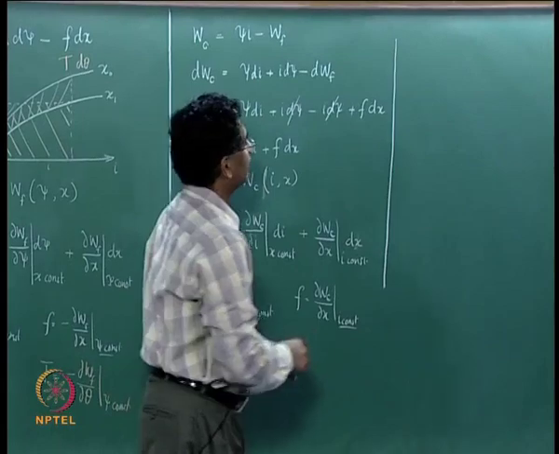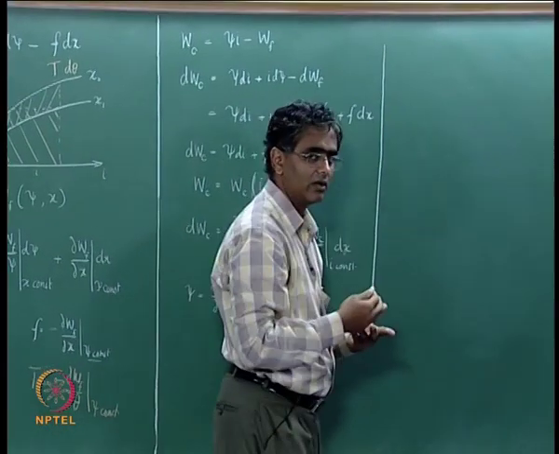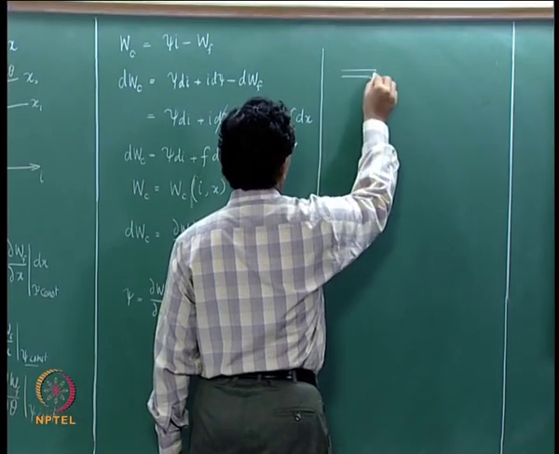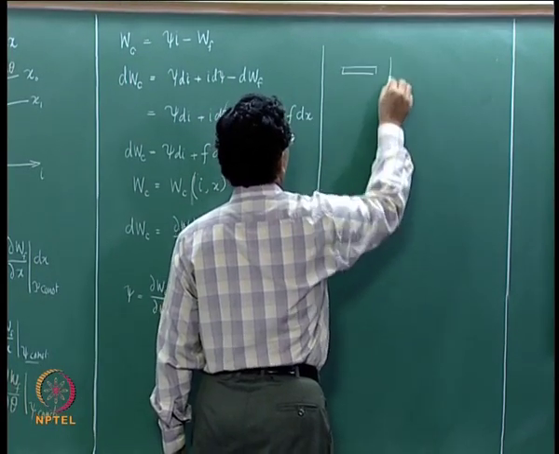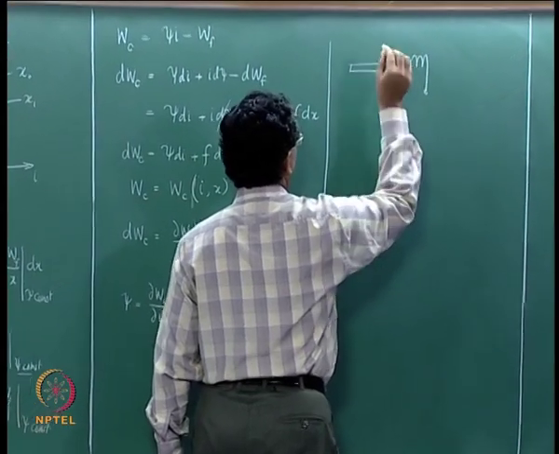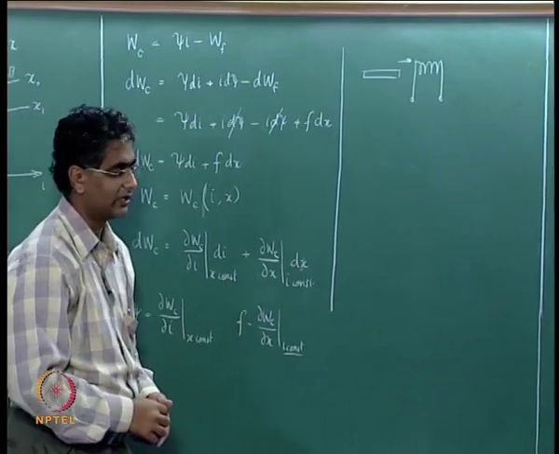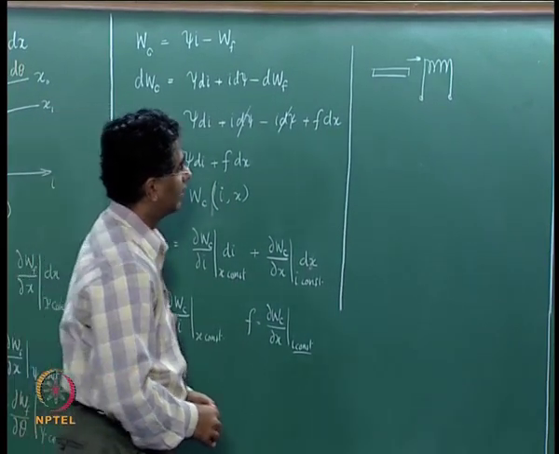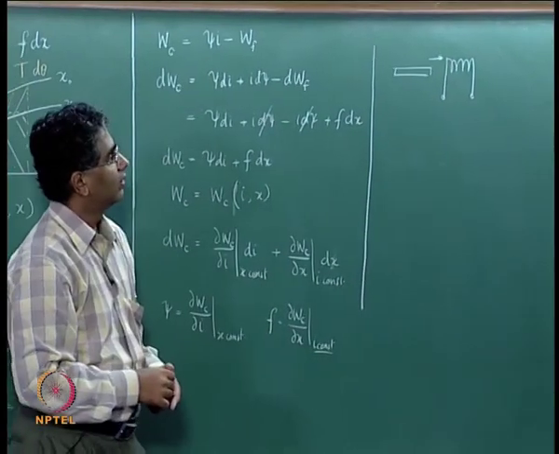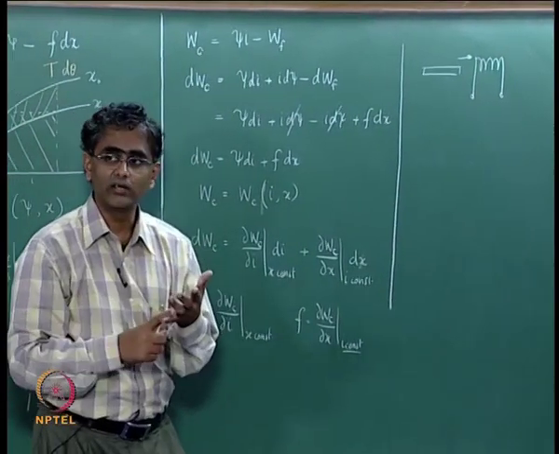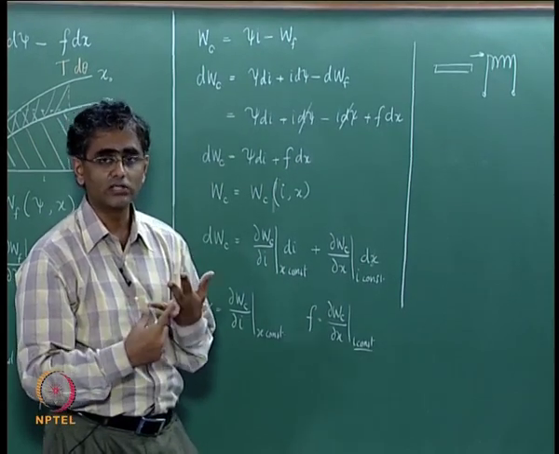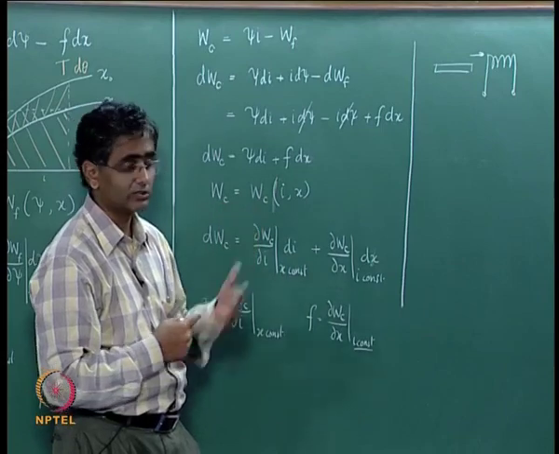For example, let us look at our linear system which we started in the beginning. You had a plunger and a coil. This was going to move inside if you excite it, and we know that in this case, because there is only one excitation and this bar is going to move, therefore inductance will change with respect to the position x.